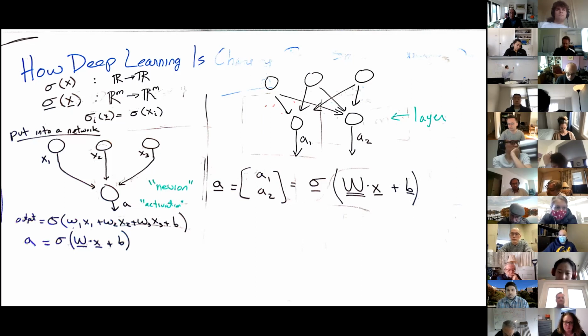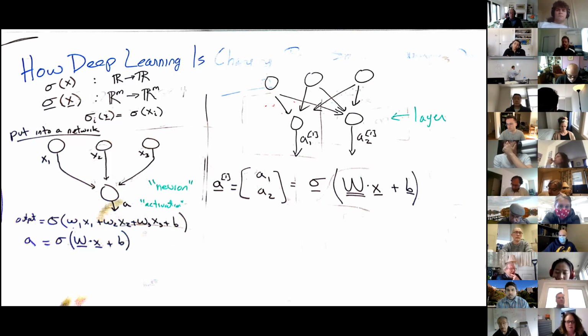I'm going to put a superscript for layer 1. So activation of layer 1 equals that equation, and now I'm going to label these weights, layer 1, and the bias of layer 1. And you can probably see where this is going.